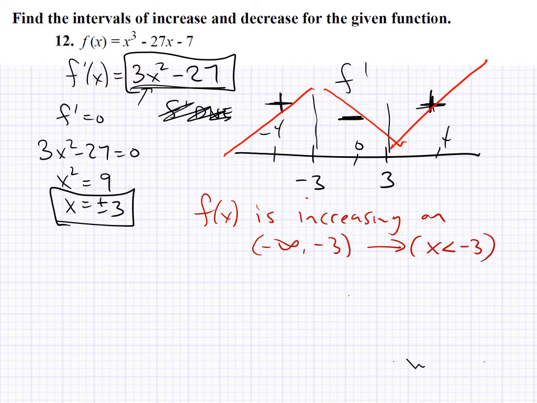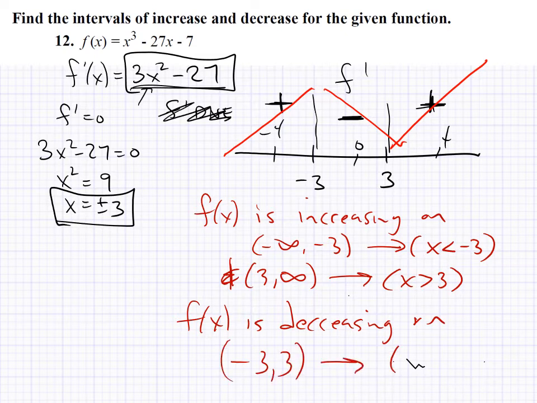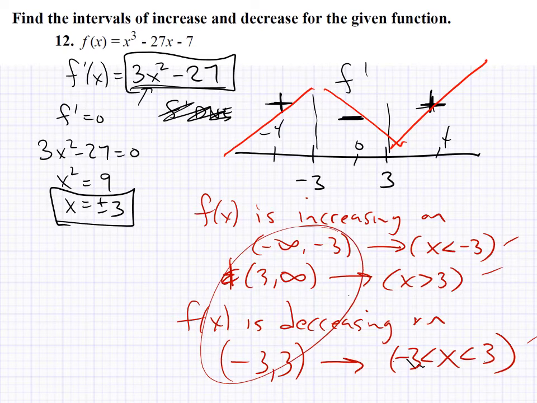It's also going to be increasing from 3 to infinity, which I could write as x is greater than 3. And I could say f of x is decreasing on the interval from negative 3 to 3, which I could also write as x is between negative 3 and 3. Okay? So whether you write it in inequality notation or interval notation doesn't matter.